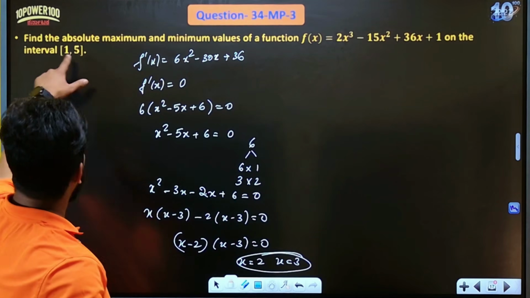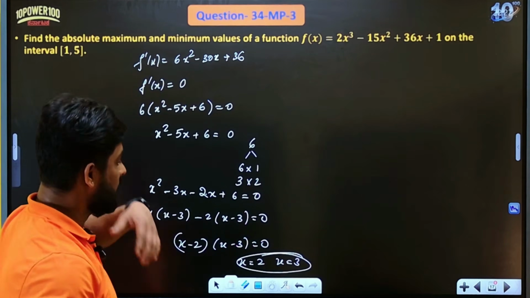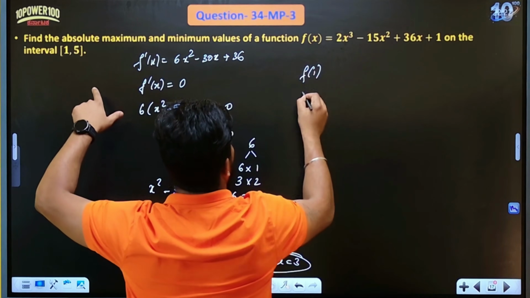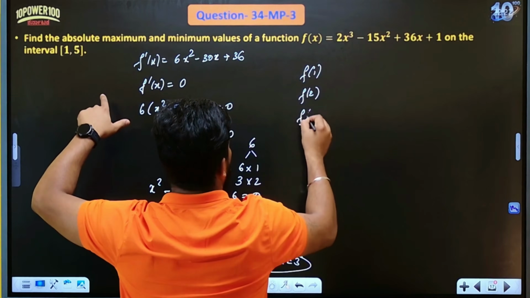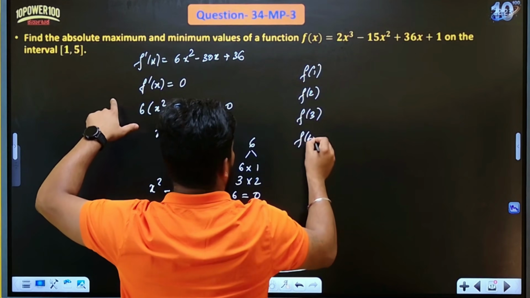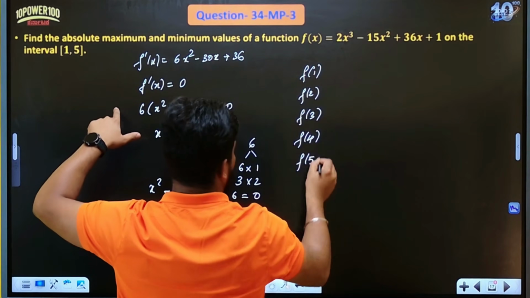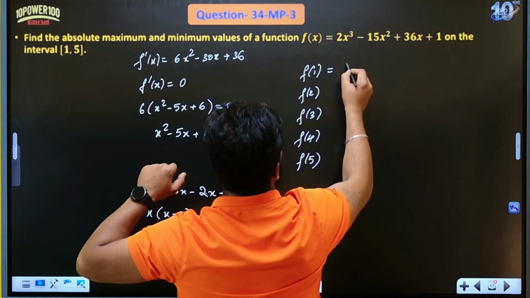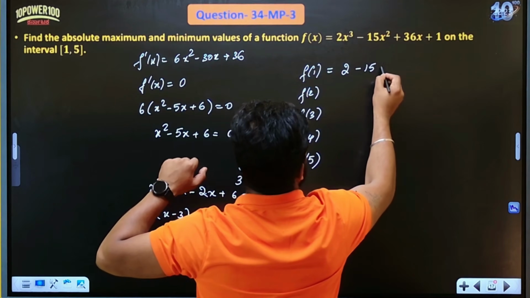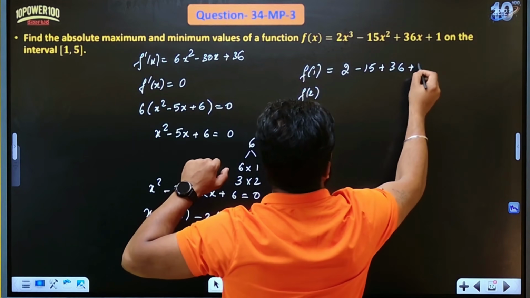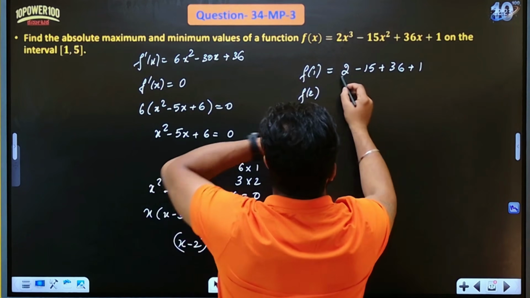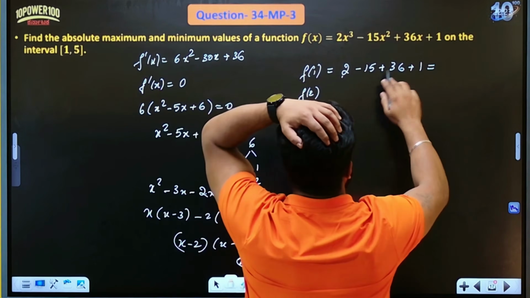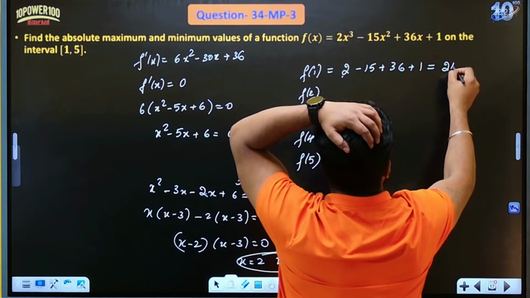So next, look here, 1 to 5 is given, children. Okay, so now we have to find the values for all of them. So now f of 1, f of 2, f of 3, f of 4, f of 5. Put all of these here. If I put 1, so 2 minus 15 plus 36 plus 1, so 2, 36, 38, 39, minus 15, 24.